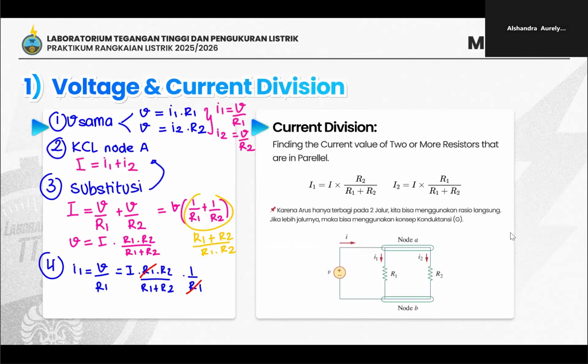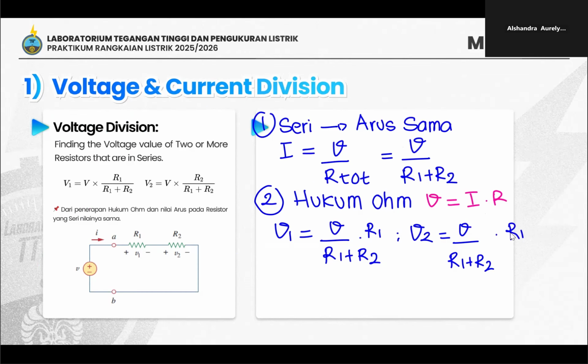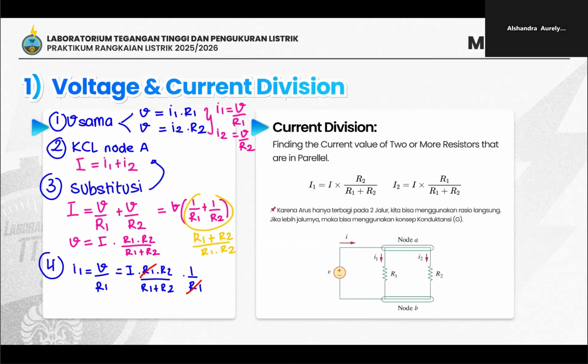Next, we have current division. It's a bit different from voltage division, because we're going to acknowledge current here, not voltage. Here we have a voltage source that supplies two resistors in parallel.